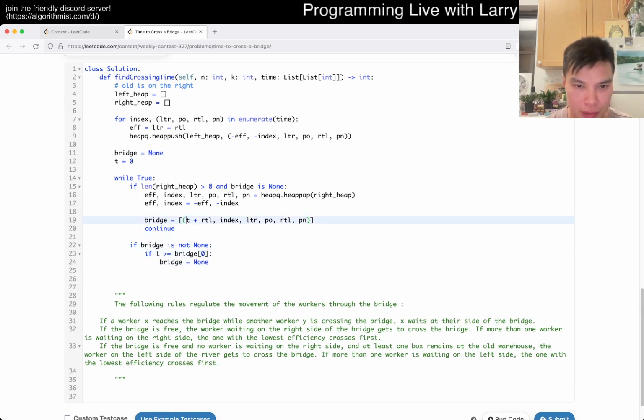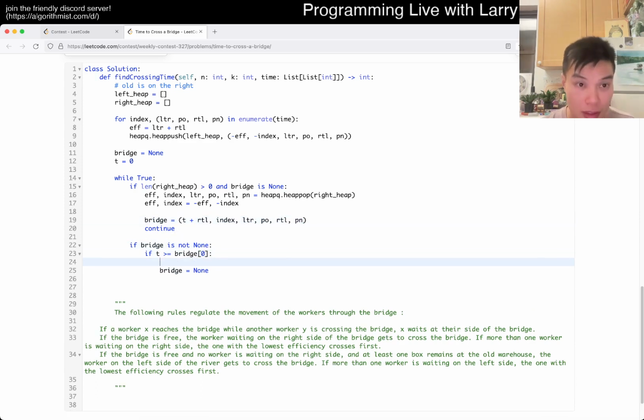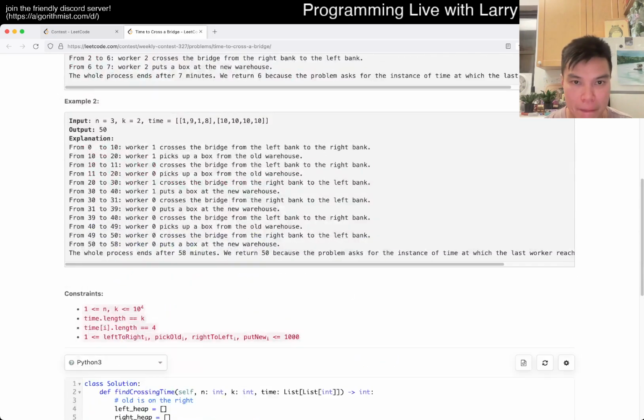And also this can just be a tuple, it doesn't have to be a list. And then bridge is equal to none, and now it gets to the left side, right? Oh no, it has to put down.